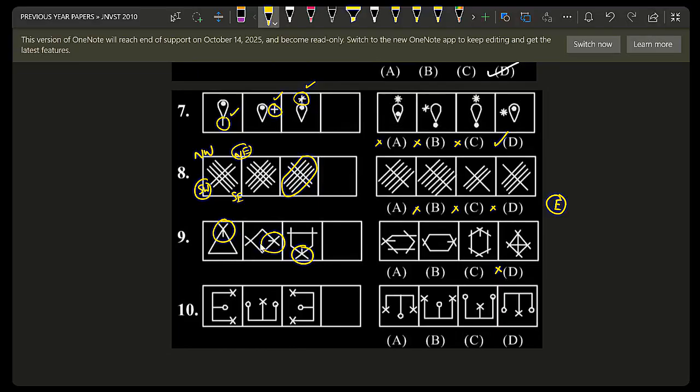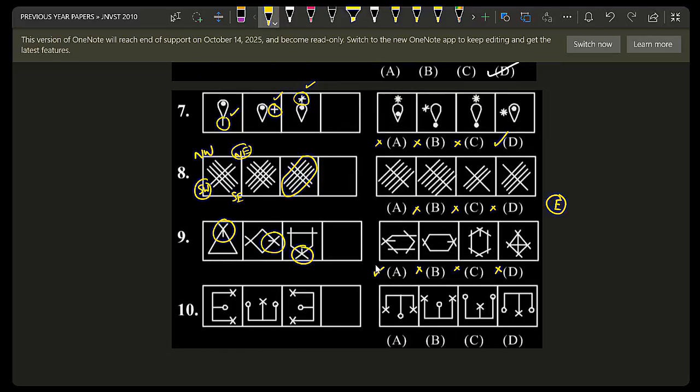The west pattern is available in A. In B it is in east, so eliminated. In C it is in north, eliminated. So only A is left. Okay, so the answer is A. Correct answer is A. So what is the pattern in ninth question? One side is increasing and the shape at the corner is moving clockwise every step.